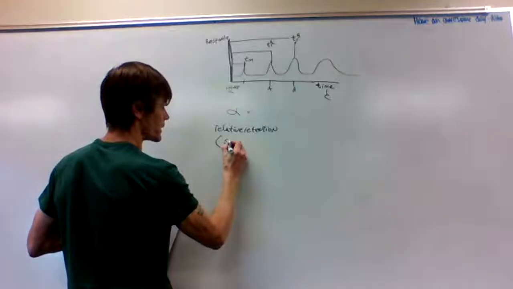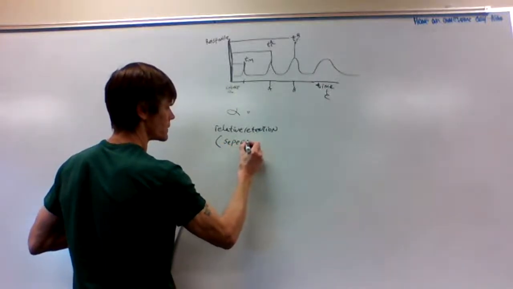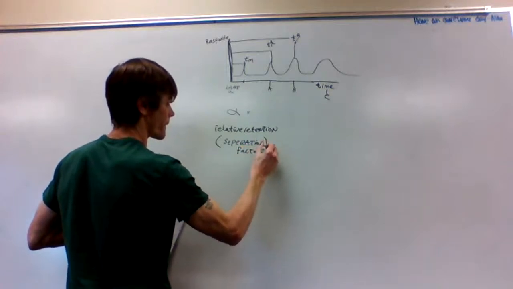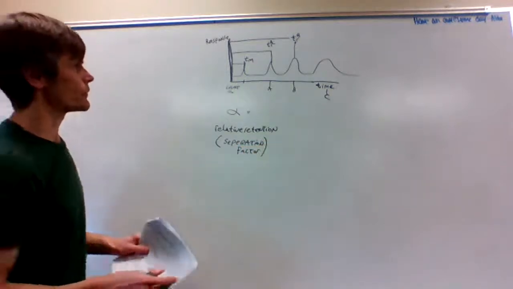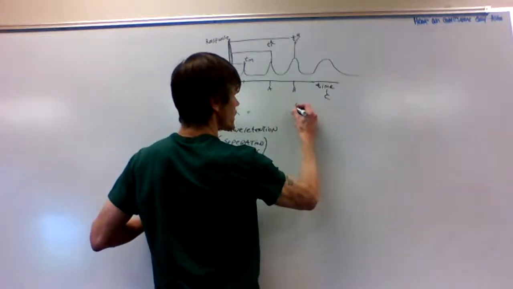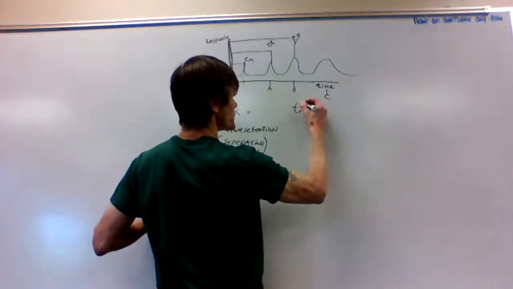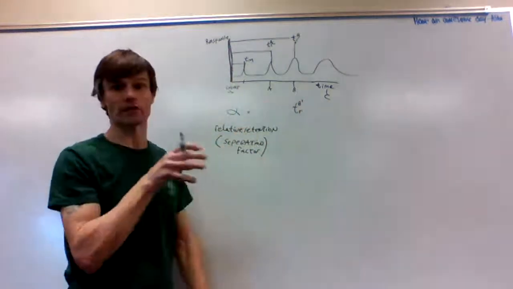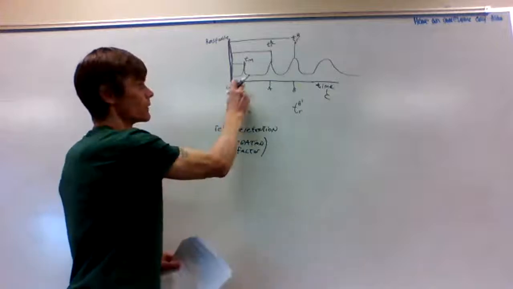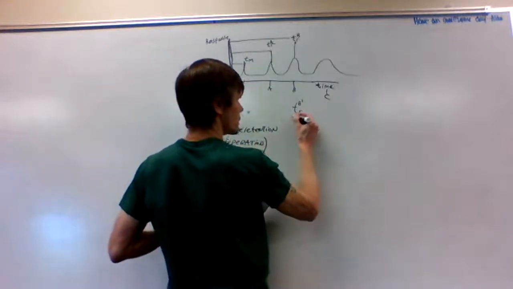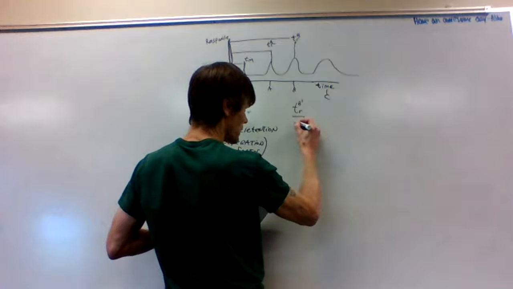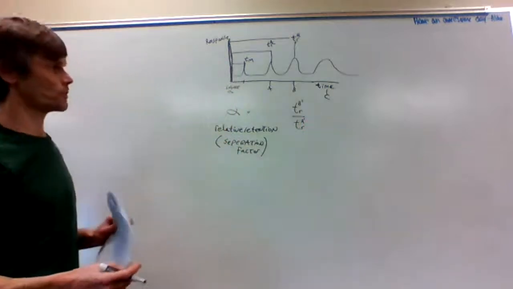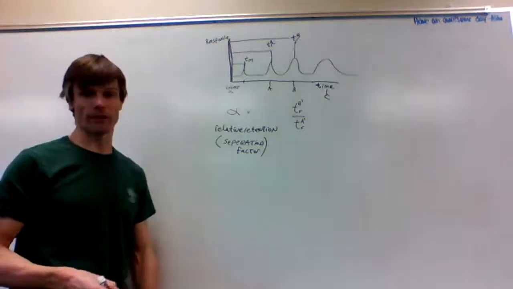These are two terms you're going to hear for that. Alpha is simply the adjusted retention time for one species. Notice the prime, it's adjusted, it's accounting for the non-retained species, divided by the adjusted retention time for species A. So that's what alpha is.